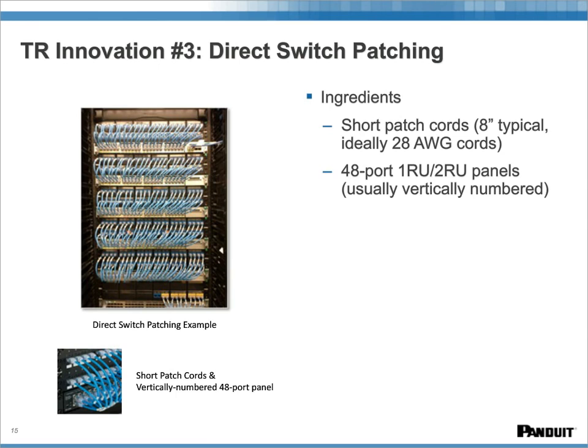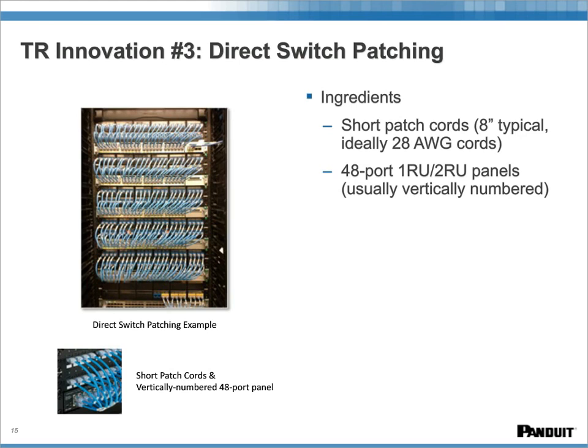Typically, this is also where the panels are vertically numbered, because as you can see, using the consistent length short patch cord, you're going to be going from the port that's in the corresponding area of the panel. There's not the length in the cords to switch between, say, a low-numbered switch port, like a 1 or 2 or 3, up to a panel port number that's 24 or 30 or something.